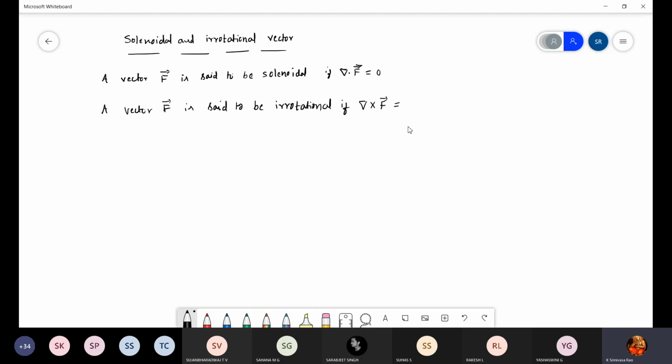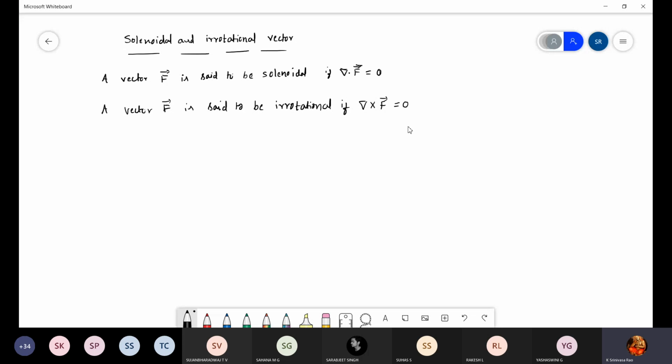Del dot means divergence, del cross means curl. So the curl of the vector is equal to 0. Both divergence and curl equal to 0 have special names: one is solenoidal, another one is irrotational.